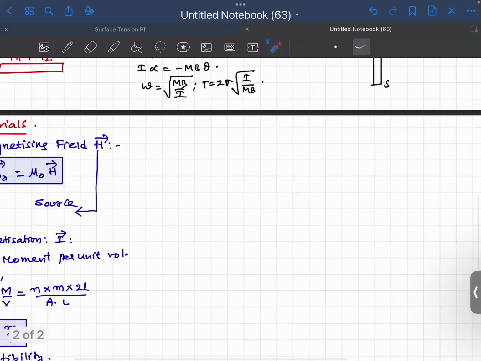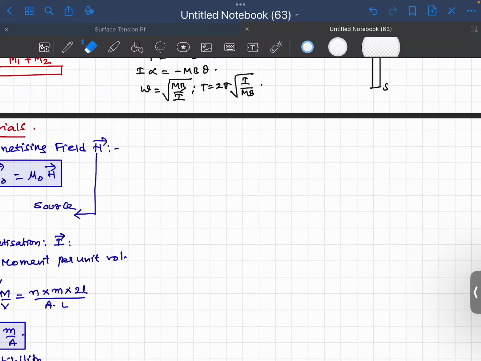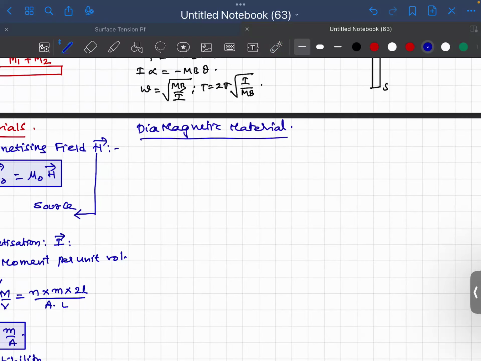Now magnetic materials are basically classified into three categories. One, diamagnetic material. Diamagnetism is a universal property.